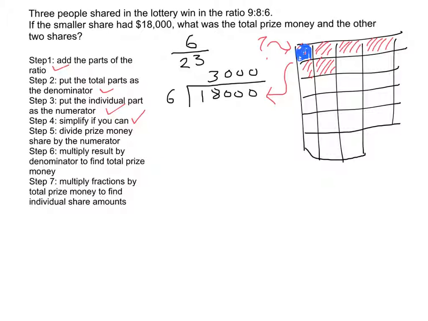Okay, so now we've actually done step 5, and now we go on to step 6, which is what I just explained. Multiply result, which is the 3,000, by denominator, which is the number 23, to find total prize money. So let's go ahead and do that. So the result is 3,000.